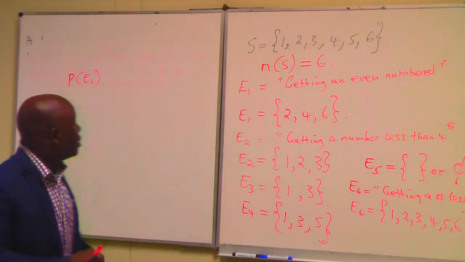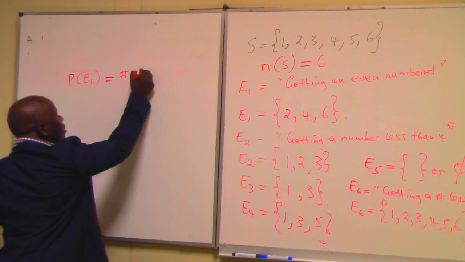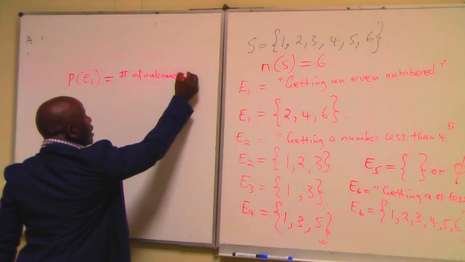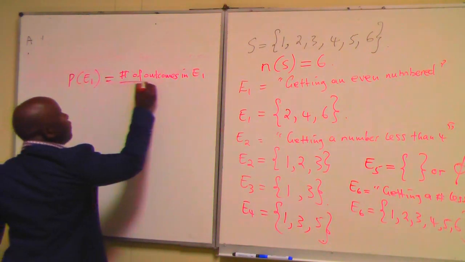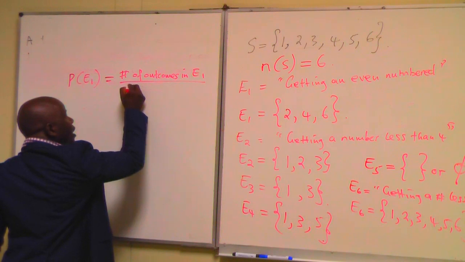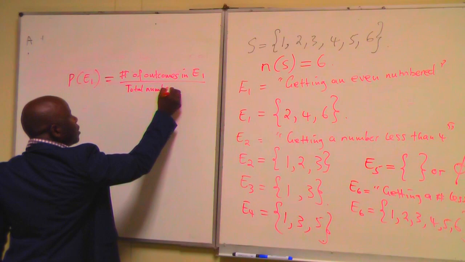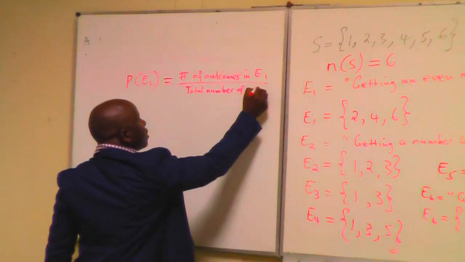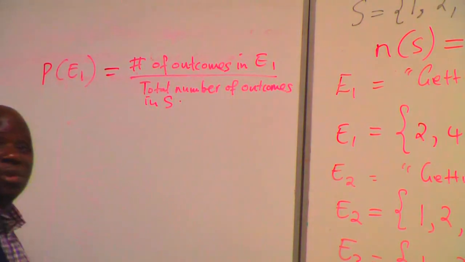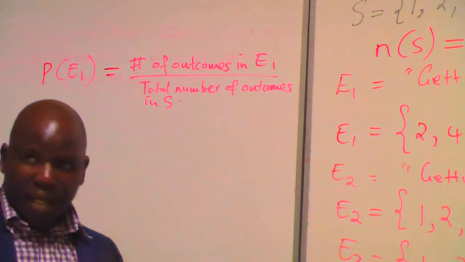Let me give you the formula here. It is the number of outcomes in E1 divided by the total number of outcomes in the sample space S. This is only possible for equally likely events.